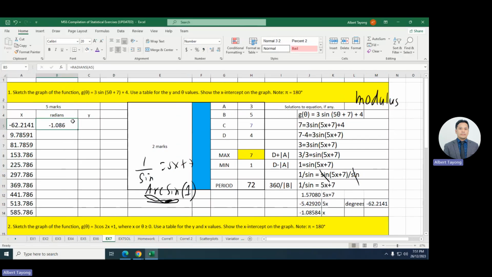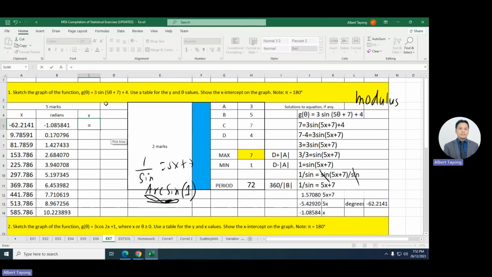If you're going to increase, this is exactly same here, right? Yeah, the radians. Then drag it down. Now your y equals 3 multiply sine, follow the function here above.